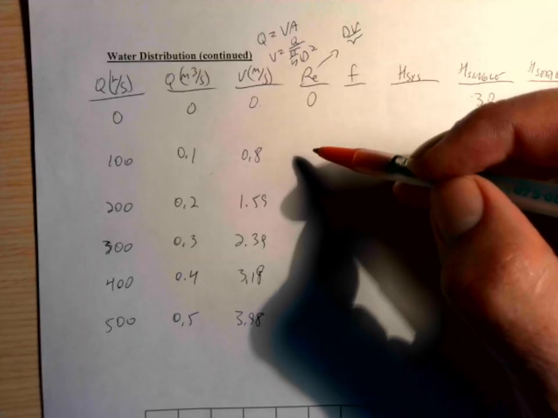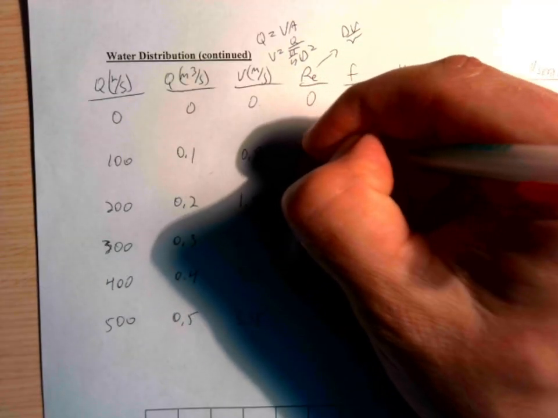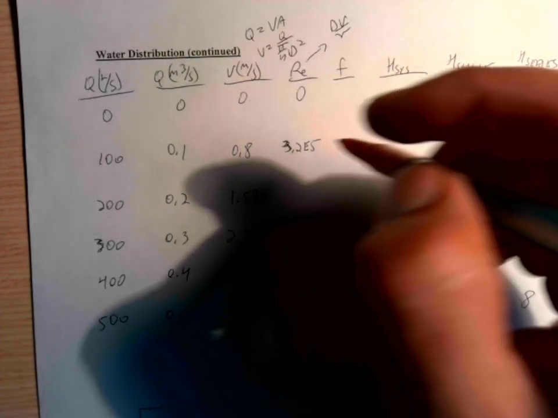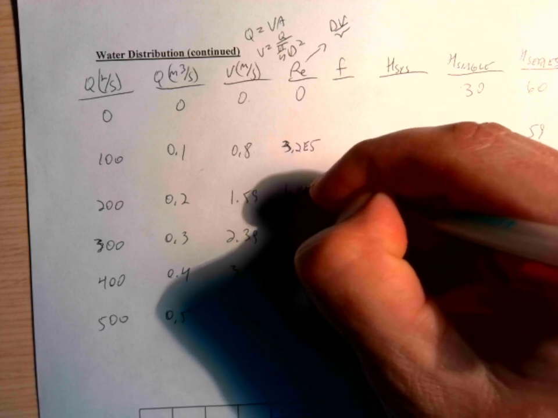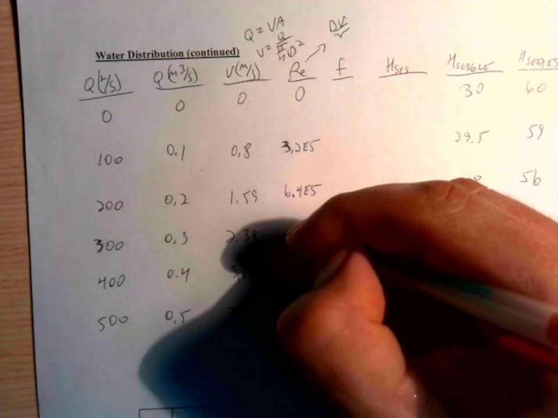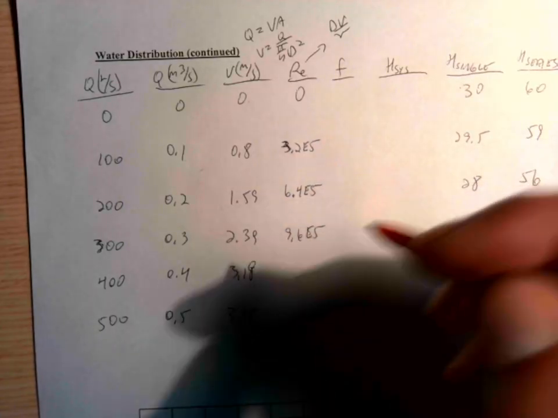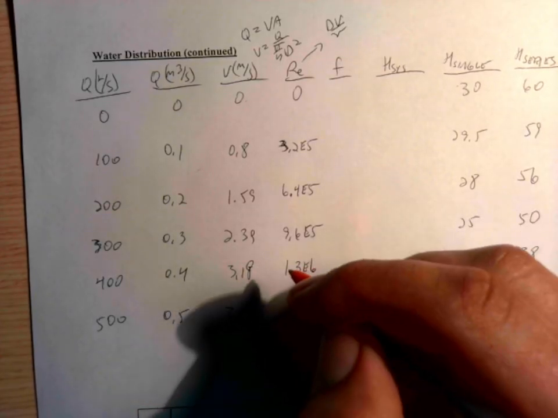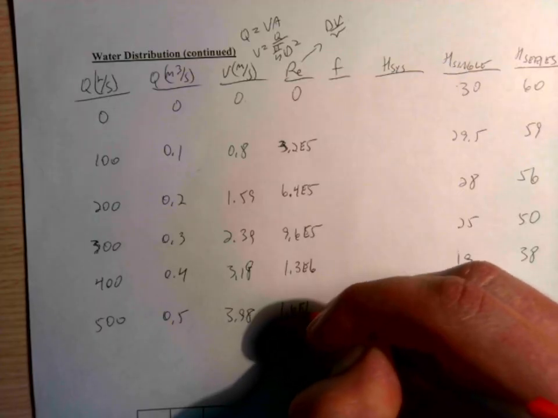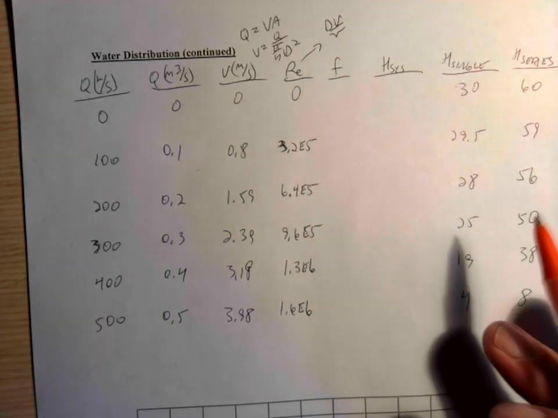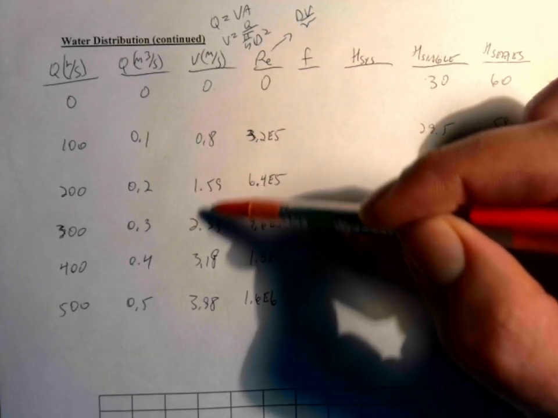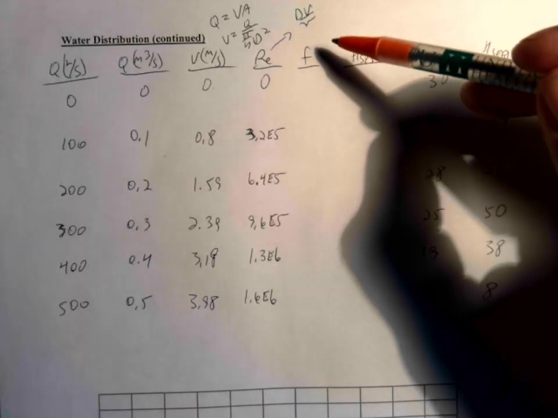For the next ones, we get 3.2 times 10 to the 5th, and then 6.4 E5, 9.6 E5, 1.36 and 1.6 E6. So these are the Reynolds numbers for each of those velocities. Again, dV. These numbers are changing, but d and nu are the same each time.